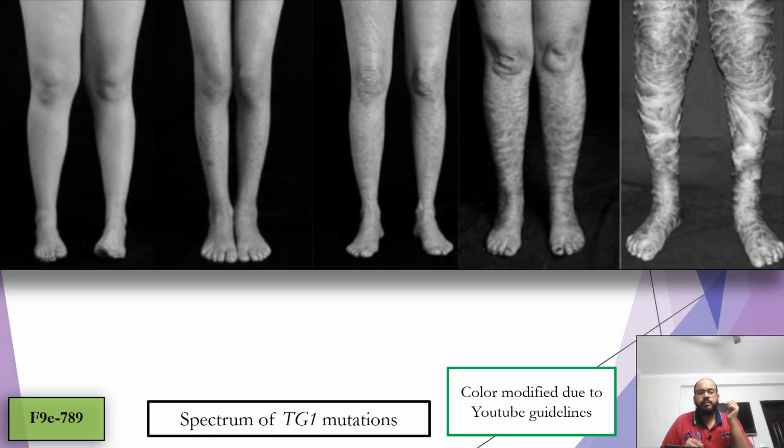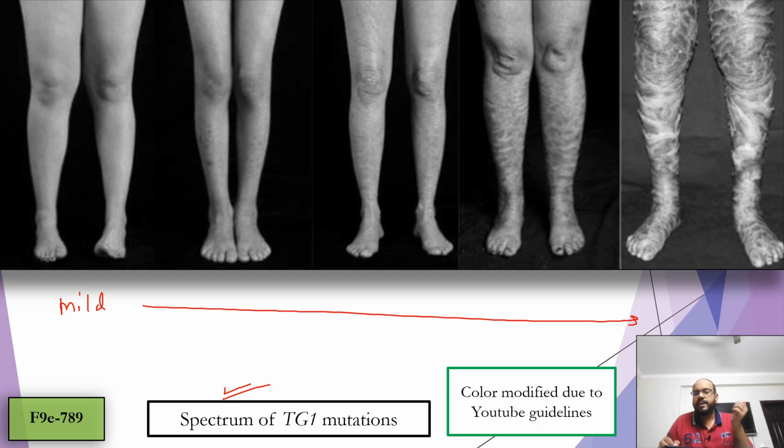Now, this picture I've taken from Fitzpatrick 9th edition, page 789, and it tells you about the spectrum of transglutaminase 1 mutation. Each of these patients has a transglutaminase 1 mutation, but you can see the scaling is milder here. And as we move towards this end, we have severe scaling. We have severe lamellar plates. So this is more towards lamellar ichthyosis, while this is more towards congenital ichthyosiform erythroderma.